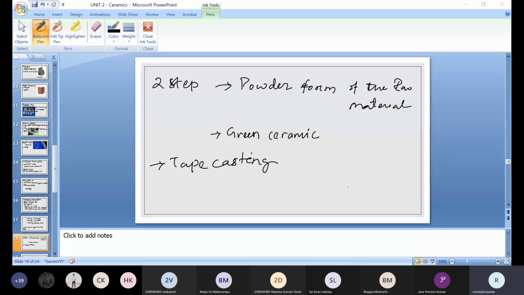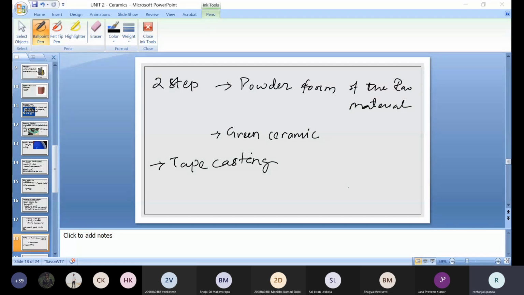Tape means, you understand, the cello tapes we use in our day-to-day life, not the smaller ones, the bigger ones which we use for packaging, whatever online shopping packages you receive, that tape is there, or in the case of gift wrapping we sometimes use that tape. Okay, those tapes we are going to make using polymer. Okay, so sorry, not polymer, ceramic.